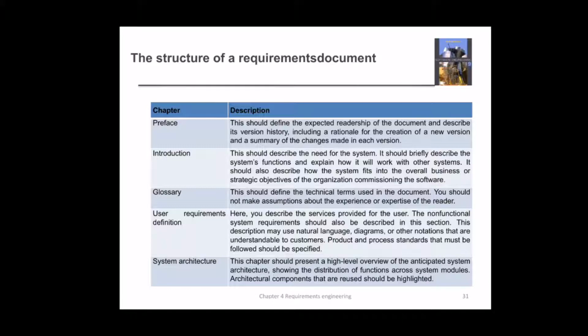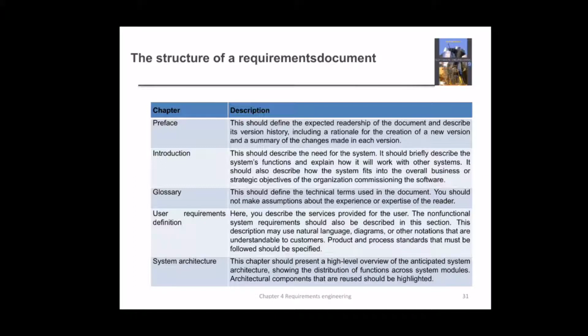Then we have the user requirements definition. Here you describe the services provided for the user: what services are being implemented in this particular application. The non-functional system requirements should also be described in this section. This description may use natural language, diagrams, or other notations that are understandable to the customers.